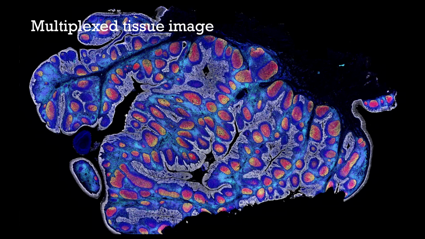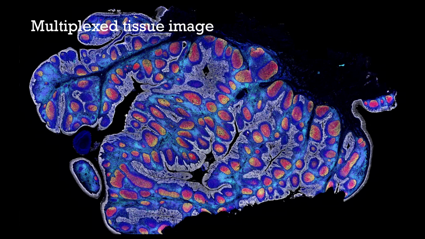Usually this is a 1 by 1 centimeter cut, a thin slice of tissue, and then you can visualize different proteins and how they are distributed across the tissue. What is important for us is that the raw data to obtain this image can easily hit 1 terabyte, which is also a lot of data.